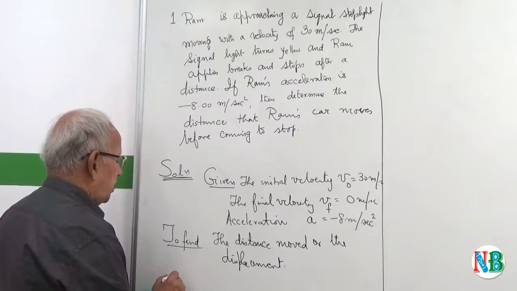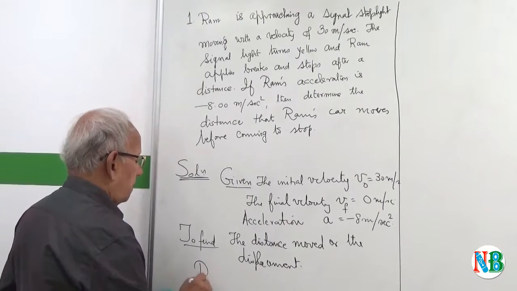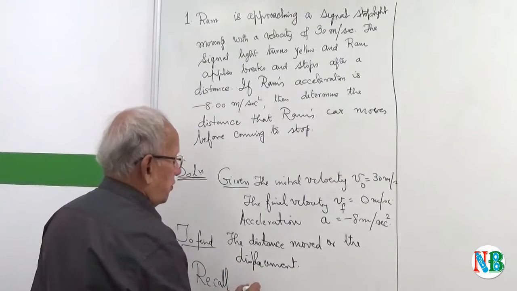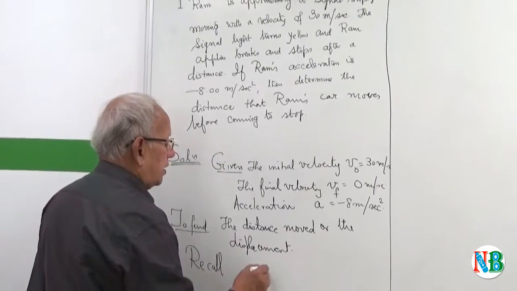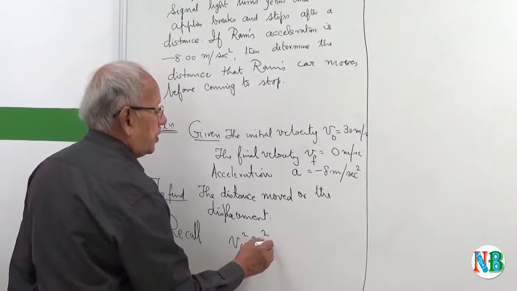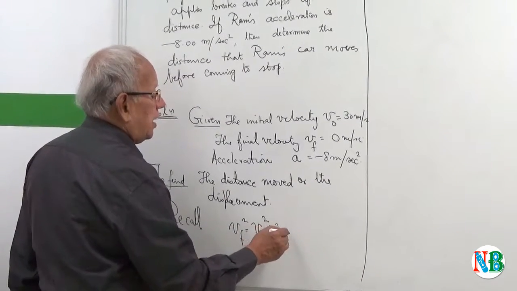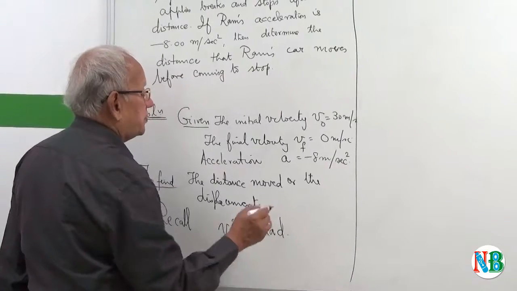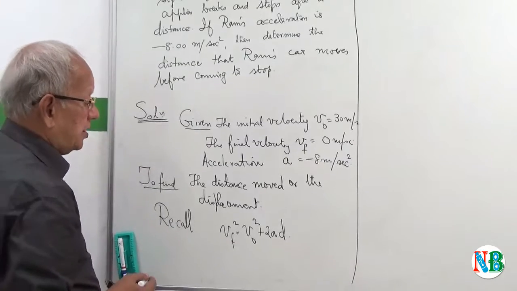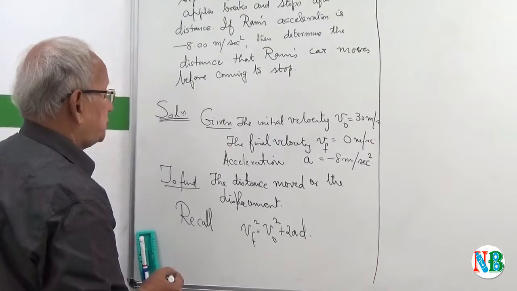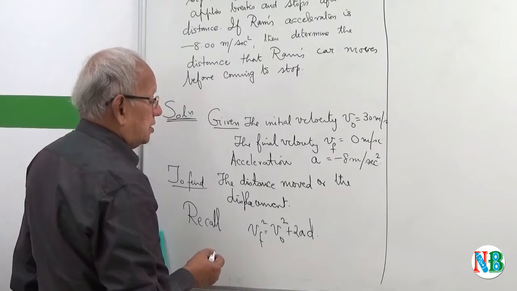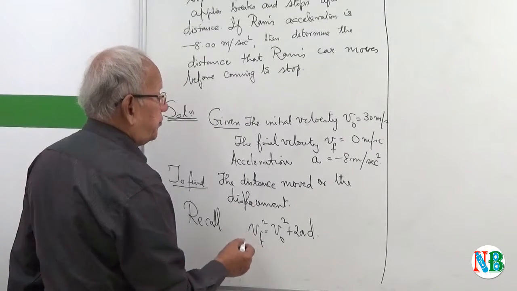So recall Vf square equals V naught square plus twice A into the displacement. Here, what is Vf?